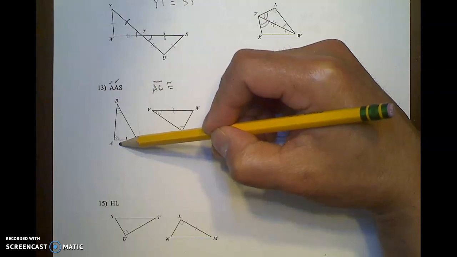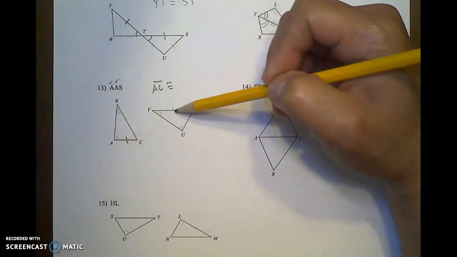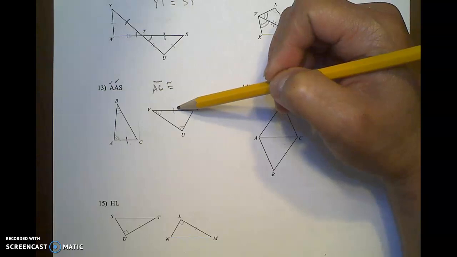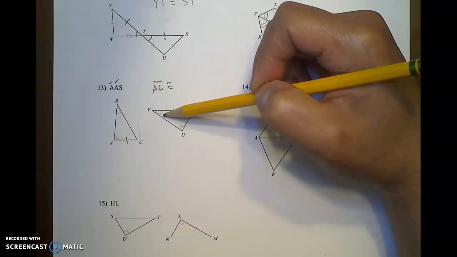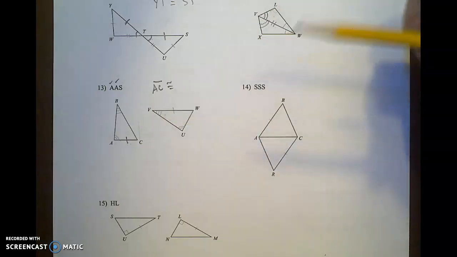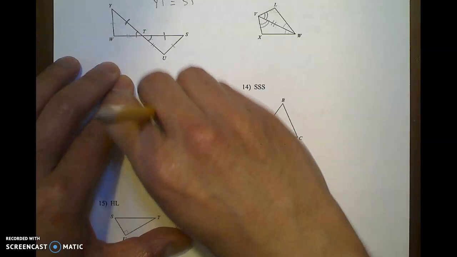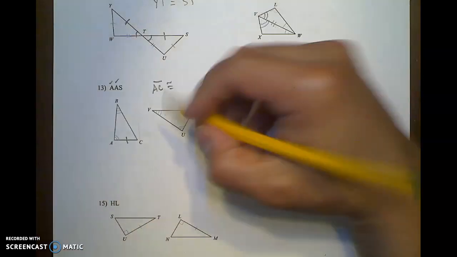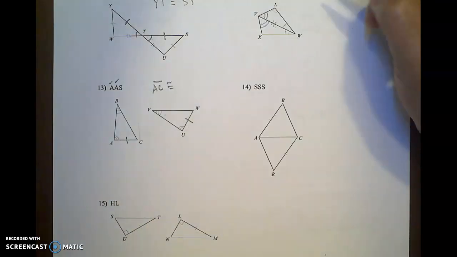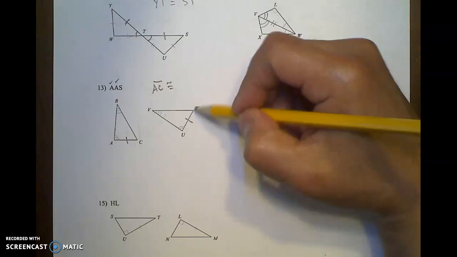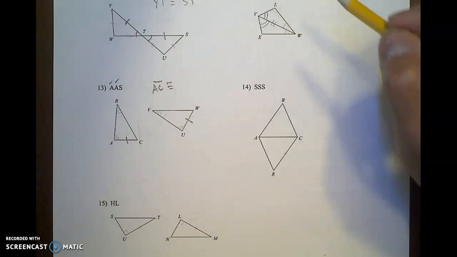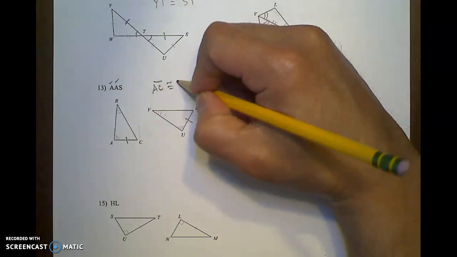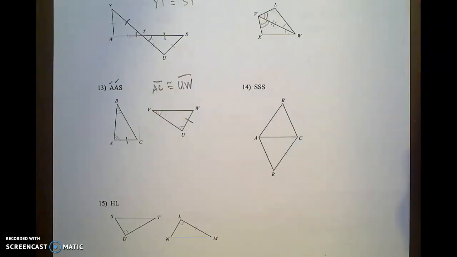It's a double tick, right? If we tick mark this side, it is attached to a triple tick mark angle. So that's not the same. So we want to pick the other side, side UW. Because UW, that tick mark, is attached to that double angle tick mark. So UW is what we need.